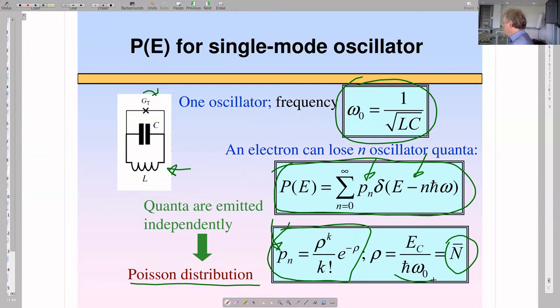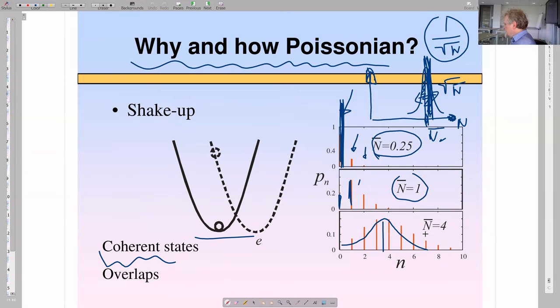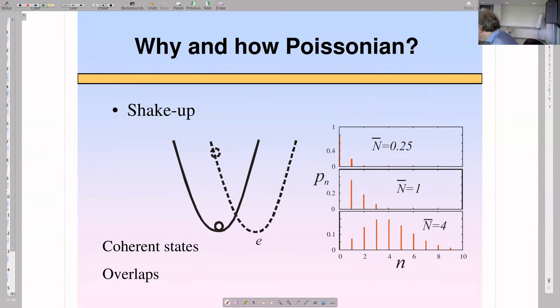What I want to say is that this parameter can be large or small in comparison with unity. Let me look at the probability distribution. Actually, why and how it is Poissonian, one can prove by looking at the properties of coherent states.